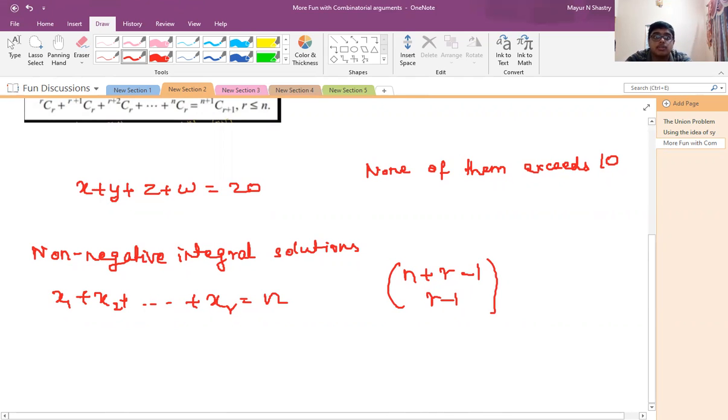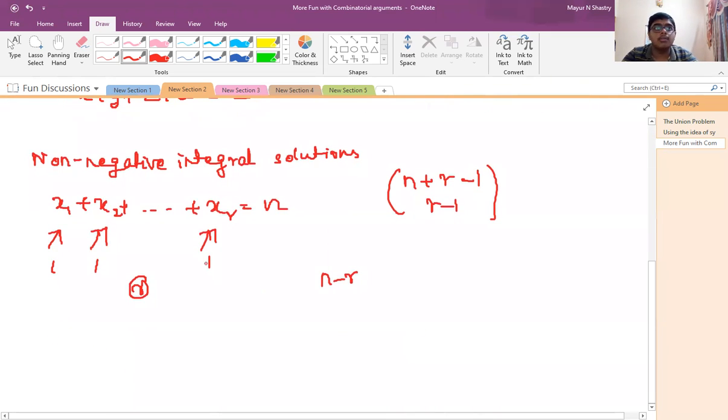So let's give one to all of these. Then we have given r to all of them, and still we have n minus r to give them to have the total sum be n. So all we have changed is that n changes to n minus r. So in this formula, we have n minus r plus r minus 1 choose r minus 1.